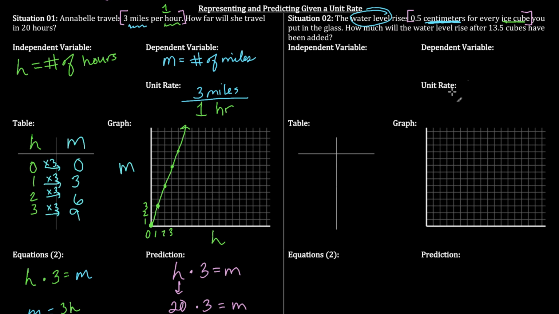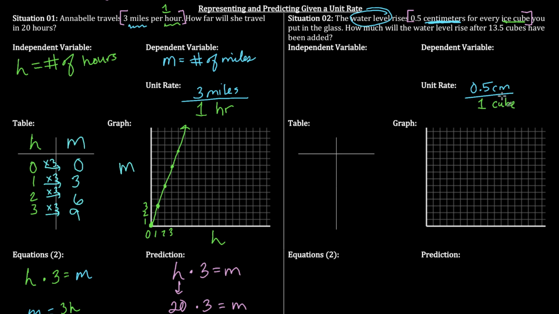So ultimately our unit rate right here is 0.5, or half, 0.5 centimeters per ice cube. One ice cube.